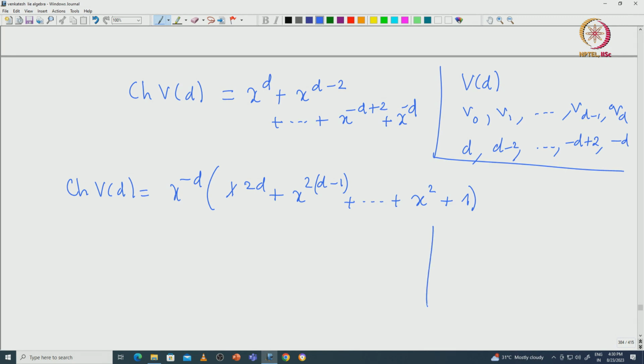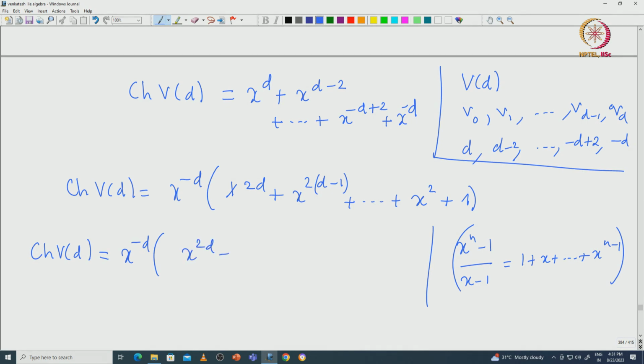Now recall the formula that (x^n minus 1) divided by (x minus 1) is given to be 1 plus etcetera plus x^(n-1). Using this identity we can again simplify this character of VD. If you simplify further, what do you get? This is x^(-D) times (x^(2D+2) minus 1) divided by (x^2 minus 1).